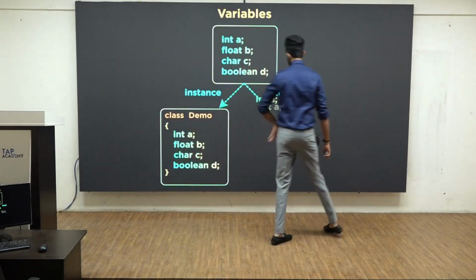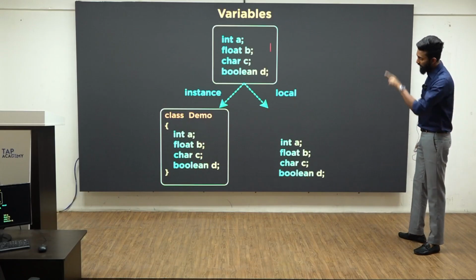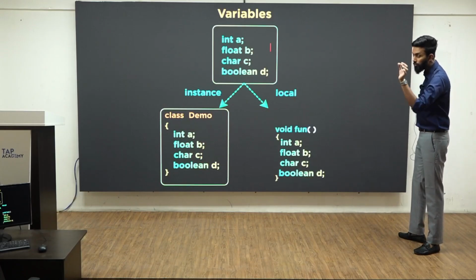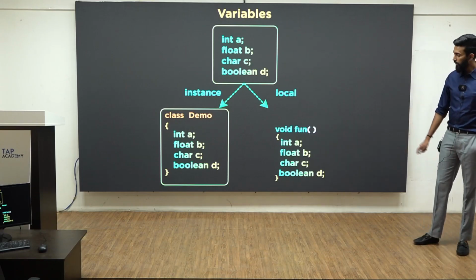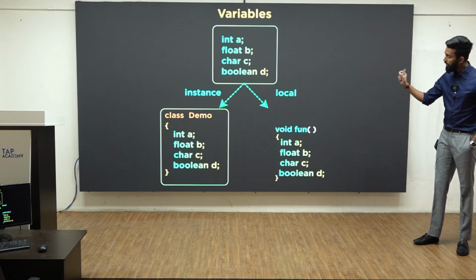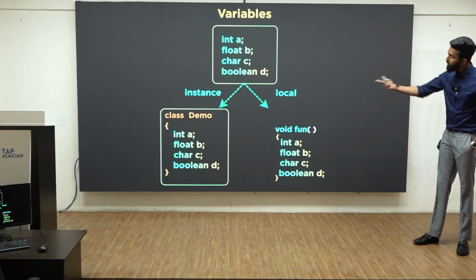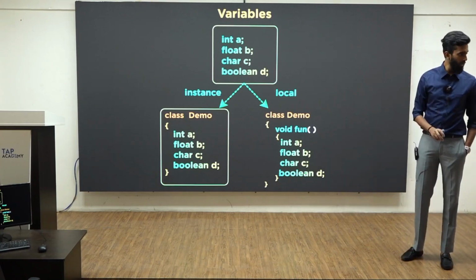Okay, sir, then what is local? Listen, same 4 variables, I will write them again. And this time what I will do is put them inside a method or a function. Clear? Now listen to me carefully. In Java there is a rule. Every single method should compulsorily be inside a class. This is a rule in Java. Correct or not?